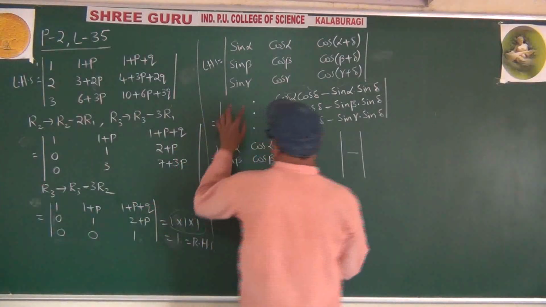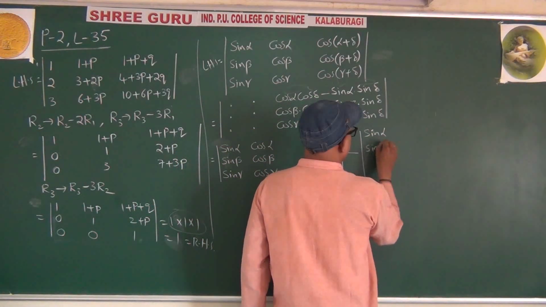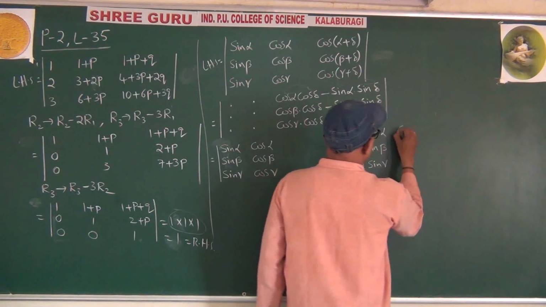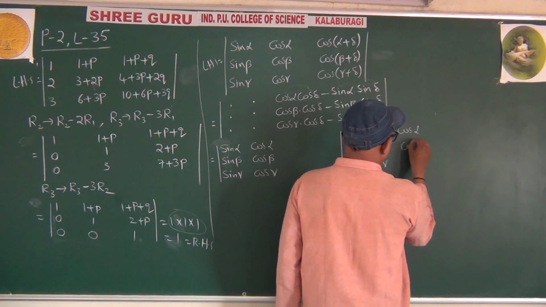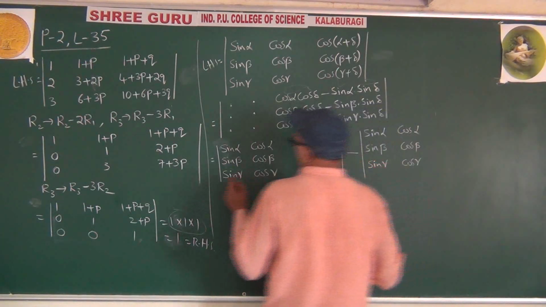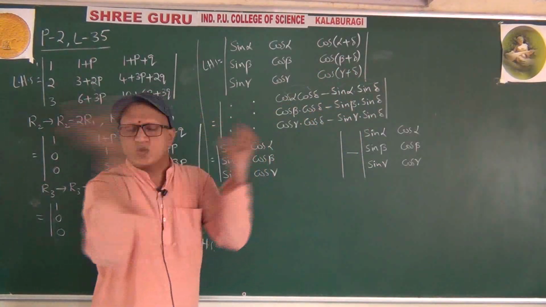Again, the first two columns are sin alpha, sin beta, sin gamma and cos alpha, cos beta, cos gamma. If you are not understanding, just wait, you will understand everything. Now, the last column we are dividing into two determinants.